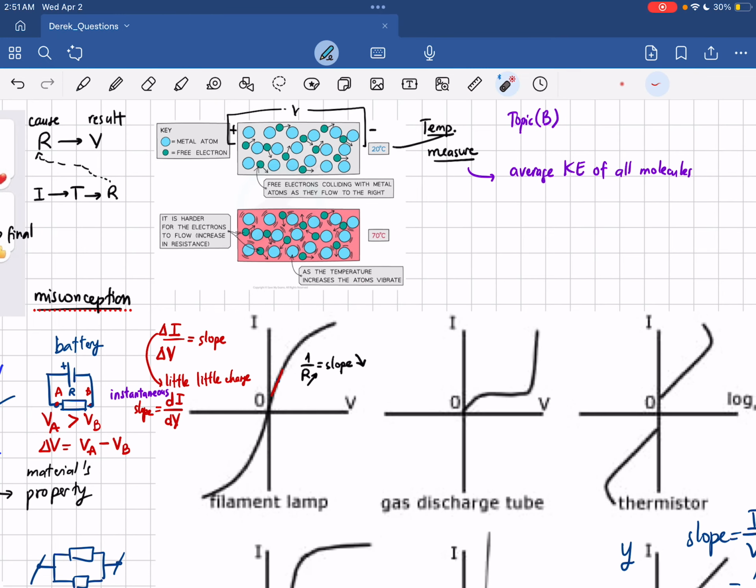So here, more vibrations means more kinetic energy, and more kinetic energy is just like high temperature.